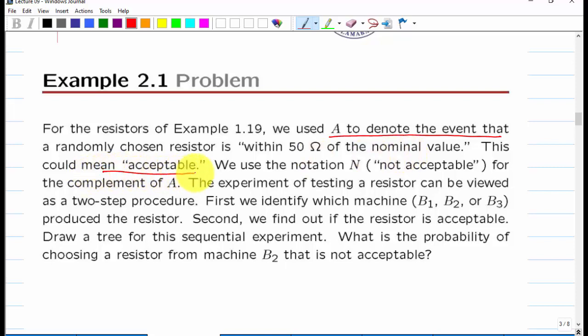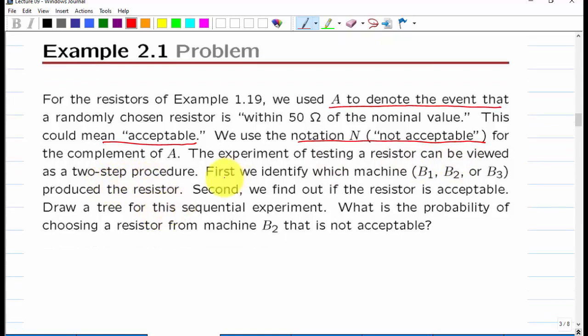This could mean acceptable. We use the notation N, not acceptable, for the complement of A, meaning it is not within 50 ohm of the nominal value. The experiment of testing a resistor can be viewed as a two-step procedure. First, we identify which machine produced the resistor. Second, we find out if the resistor is acceptable.